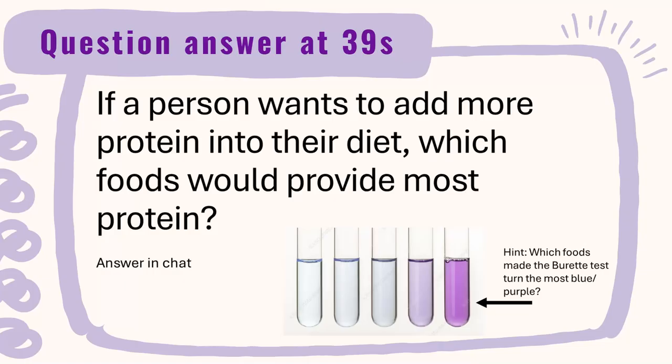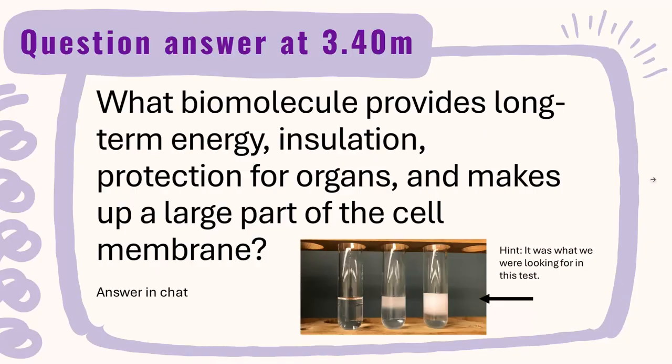Hint, which foods made the Biuret test turn the most blue or purple? What biomolecule provides long-term energy, insulation, protection for organs, and makes up a large part of the cell membrane? Hint, it was what we were looking for in this test.